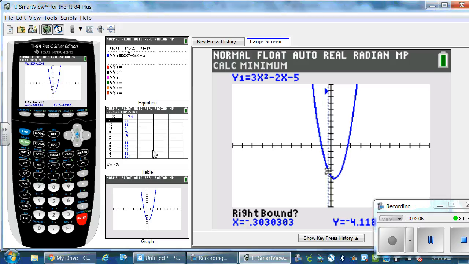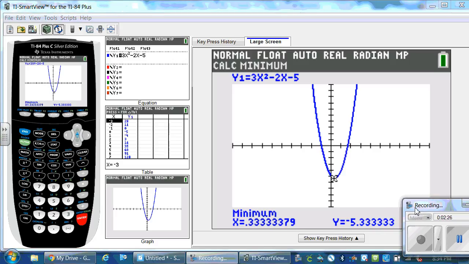That's my left bound. Then it says right bound, question mark. So I'm going to move over until I'm to the right of that minimum point and push enter, and it makes a vertical line on the right side. Somewhere in between these lines is where it's going to find my minimum point. It says guess. I push enter again, and it's found the minimum at 0.33, negative 5.33.